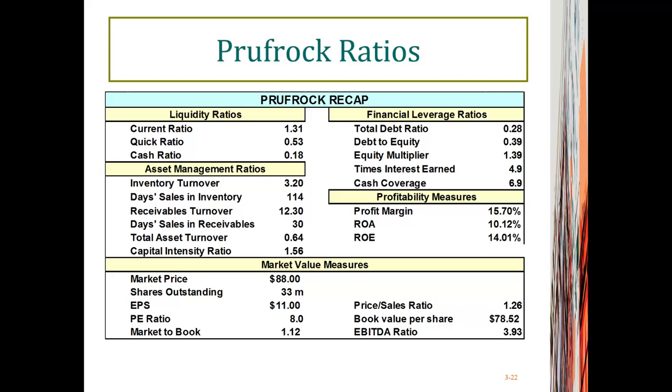To make those numbers useful, first ask yourself what a specific number means. For example, what does a current ratio of 1.31 mean? It means for each dollar of current liability, there is a pretty sufficient backup from the perspective of current assets.